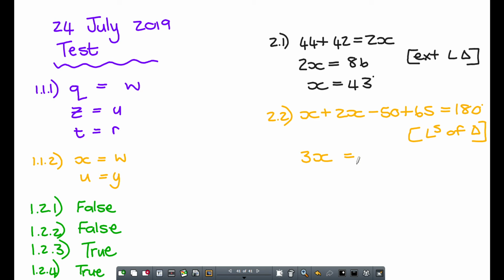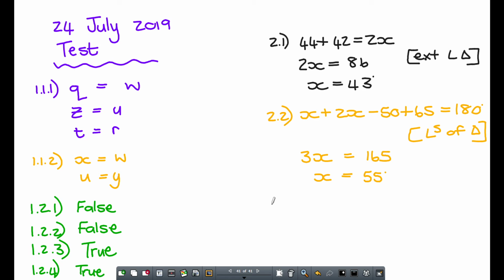Then minus 50 plus 65 is going to give me positive 15. And if I take that positive 15 to the other side of the equation, it's going to be 180 minus 15, which is going to give me how much? 165. Okay, now I divide both sides by 3, which means that x is equal to 55 degrees.